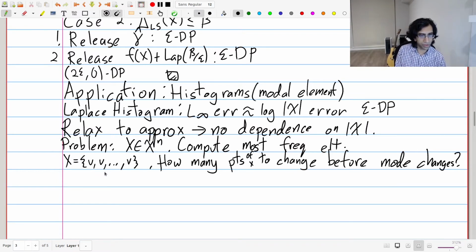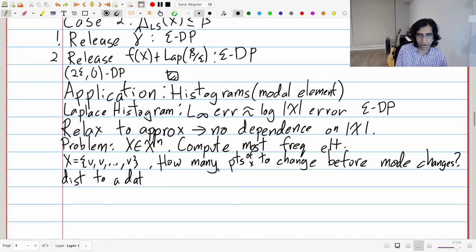And how many elements do you have to change from the most frequent to the second most frequent element to make that the new mode? Well, you can see that it's just equal to half their difference.